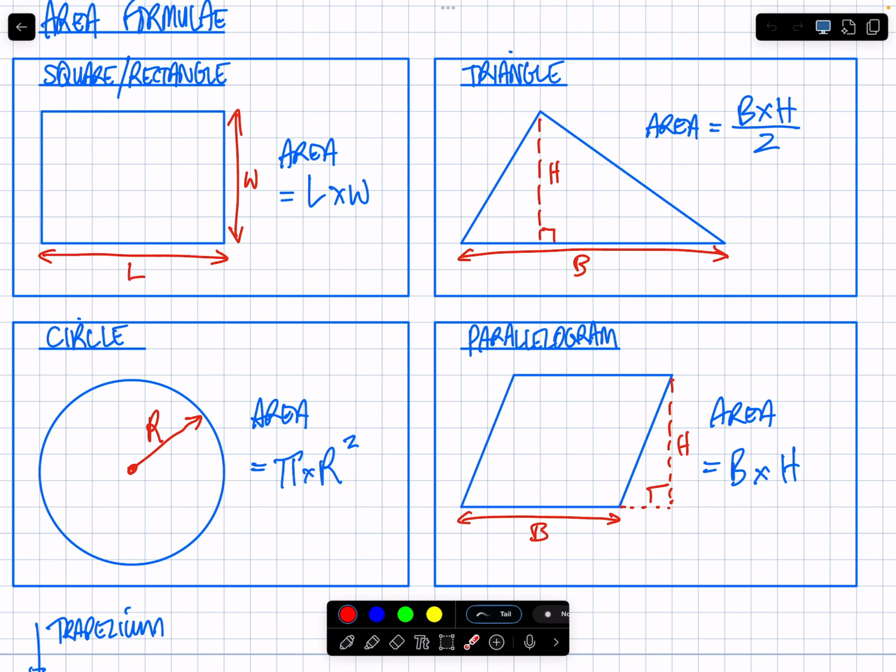I'm asking you to answer 4 questions today. The area of a circle is pi times by the radius squared. Get that down.